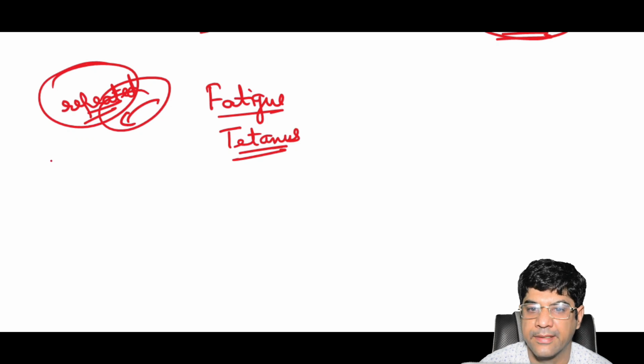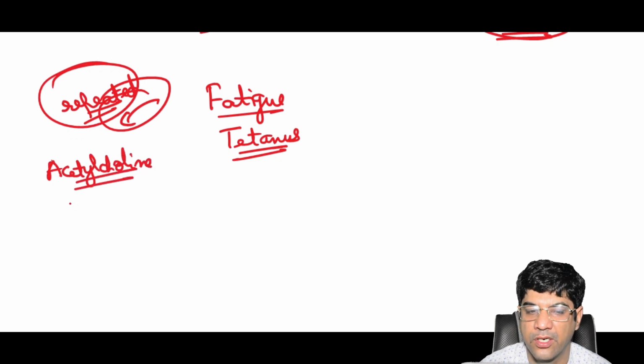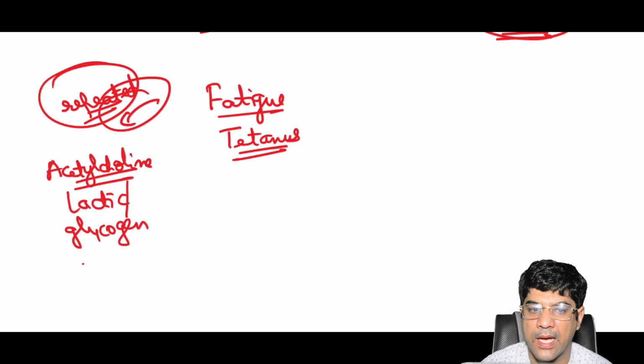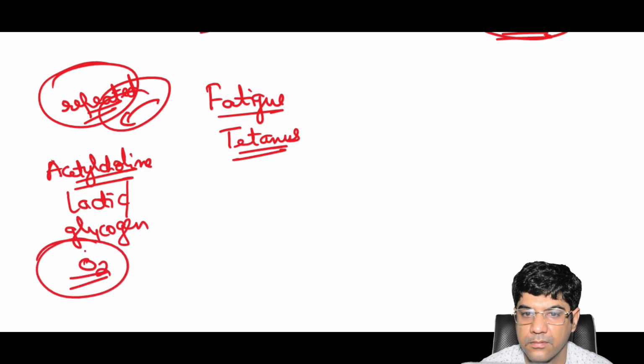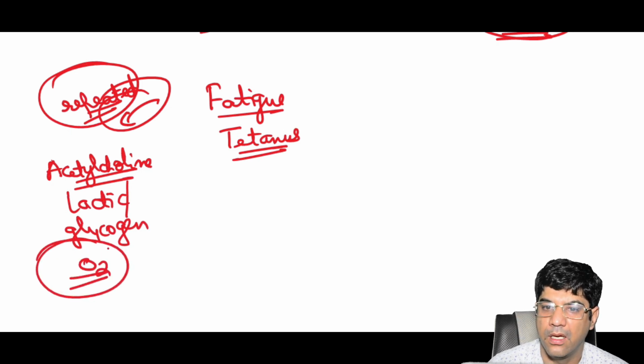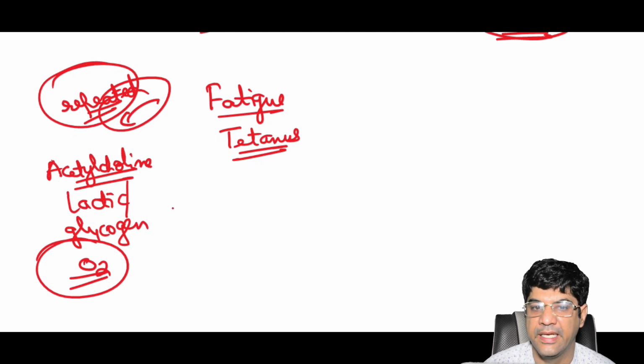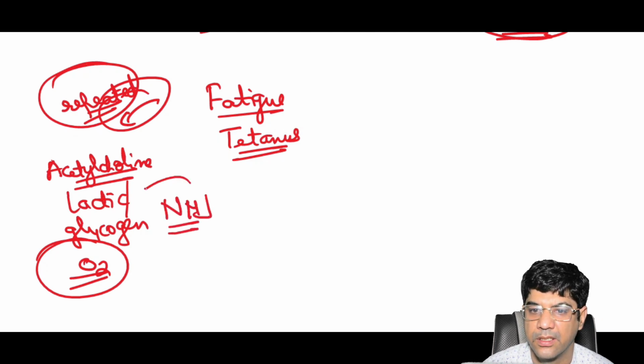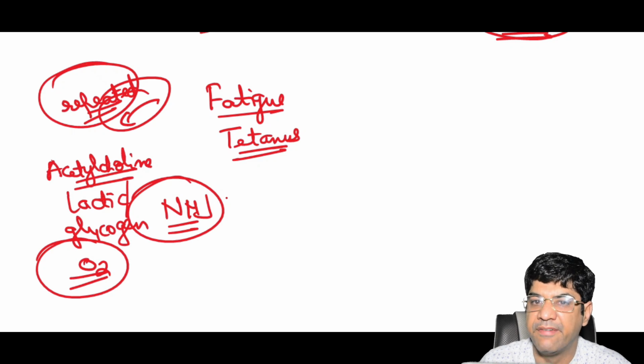It is caused by exhaustion of acetylcholine at the motor end plate, accumulation of lactic acid, lack of nutrients like glycogen, or lack of oxygen. In a muscle nerve preparation, the first site of fatigue is the neuromuscular junction. Remember, this fatigue is reversible. The muscle recovers with rest and nutrition, facilitated by washing with saline.